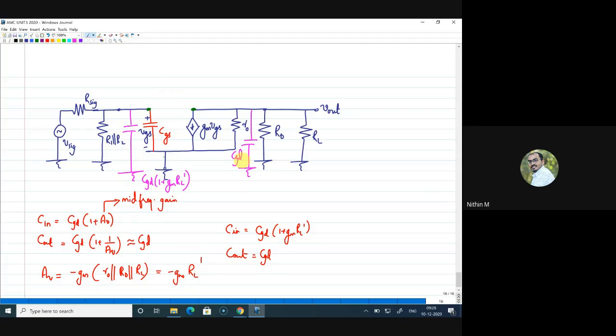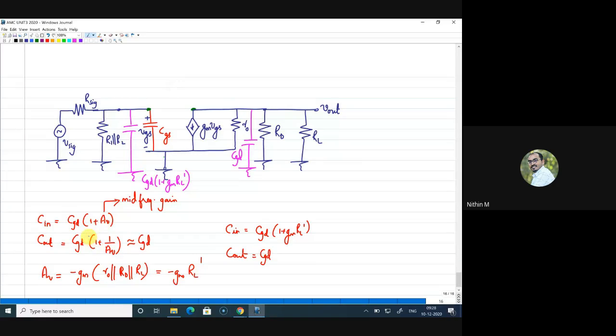Now why am I doing this? I am decomposing the element which is present from input to output into a grounded capacitance on the input and output side, and this is actually an approximation, right?